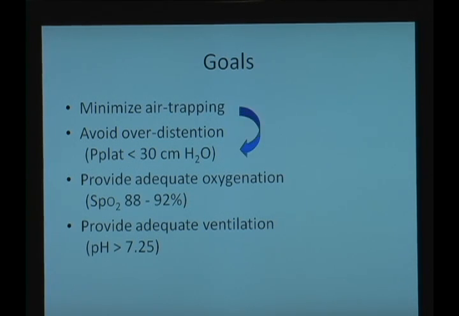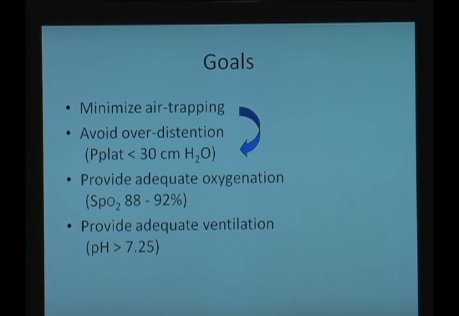In patients with obstructive lung disease, how we avoid alveolar overdistension is by minimizing auto-PEEP. So if our patient has 20 of auto-PEEP, it's going to be more likely that the plateau pressure is going to be greater than 30 than it will be if we can reduce the auto-PEEP to 5 centimeters of water.